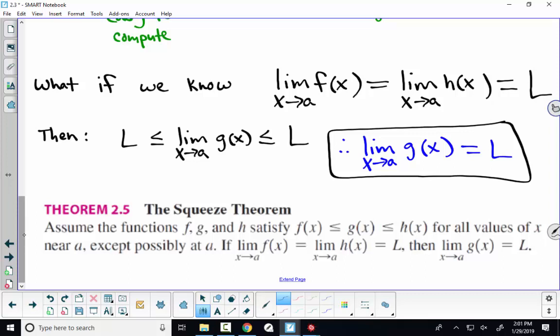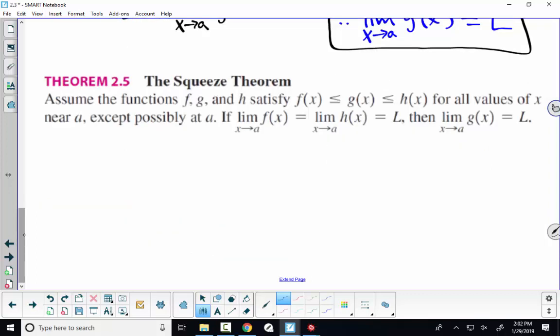So what would be the difficult part in using this theorem? Finding enough f of x and h of x to satisfy that criteria. Right. So by far the hardest part of using this theorem is establishing an inequality like that.